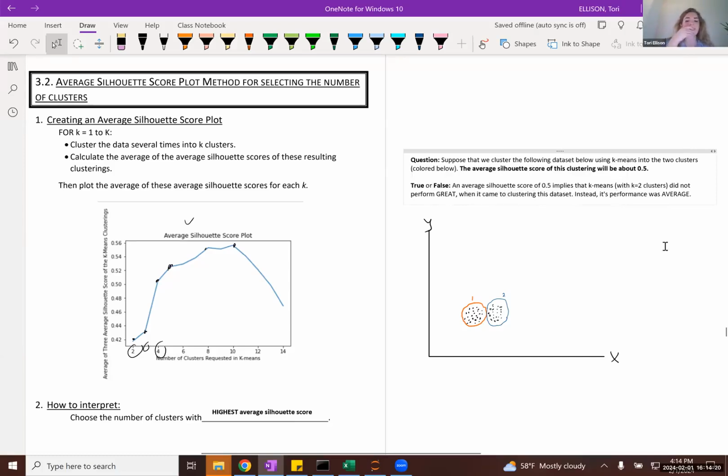Is that an appropriate interpretation of that 0.5 value? If you have an opinion, start writing up your answer in the chat as to why you think it is or is not an appropriate interpretation.